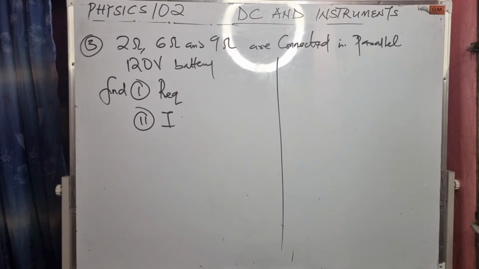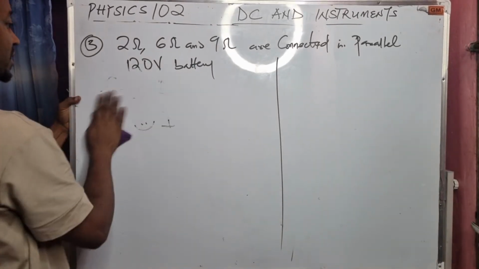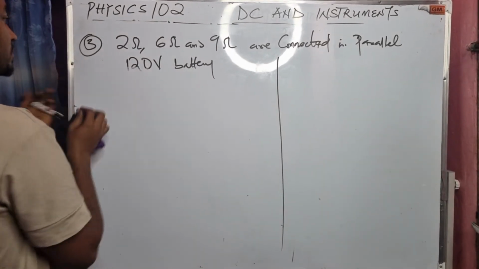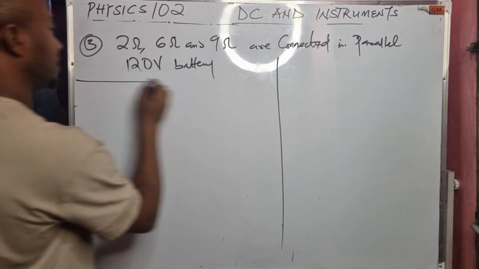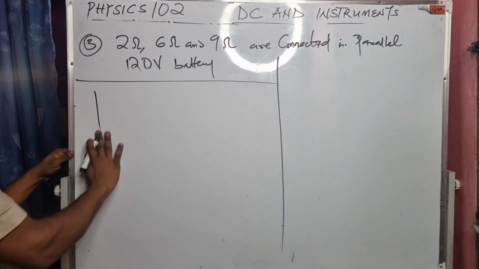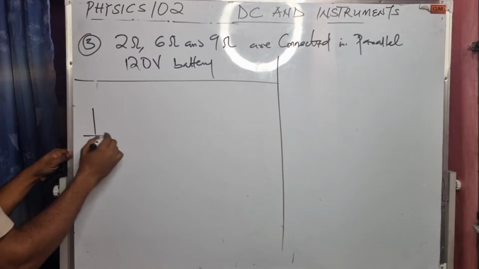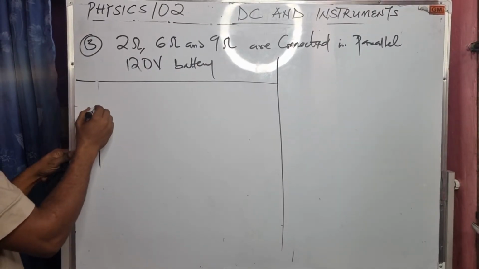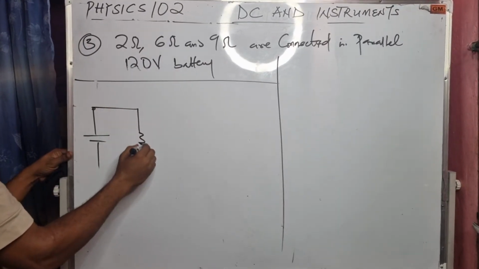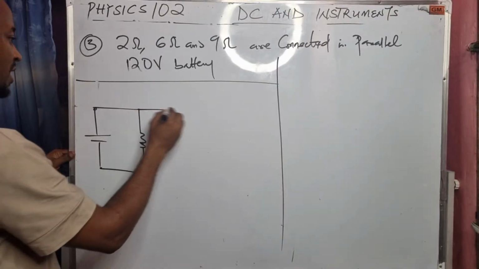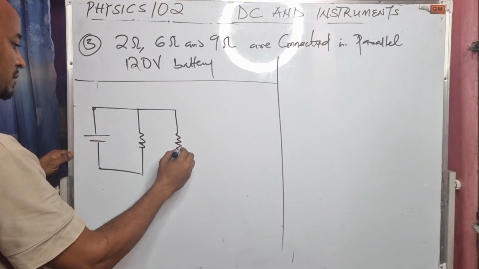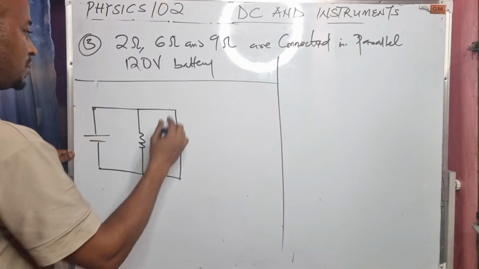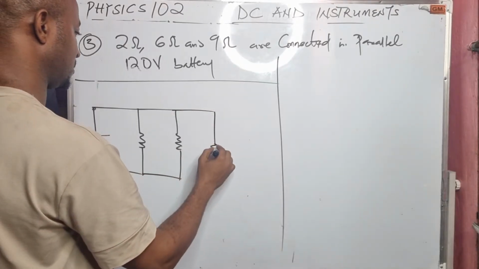Let's draw our circuit. For a simple circuit, we can just bring out the battery source. Then we have the first resistor, the second resistor, the third resistor.